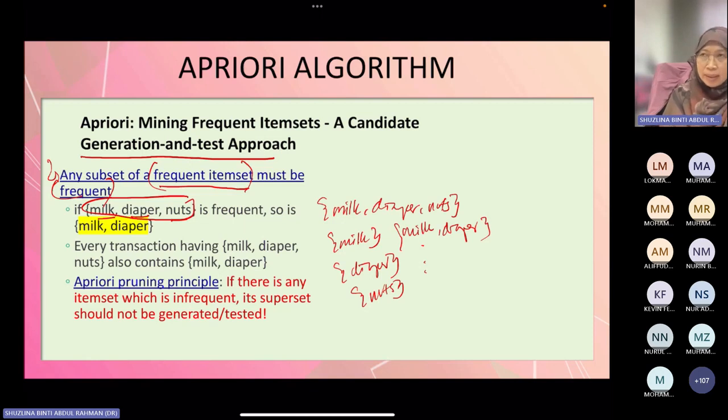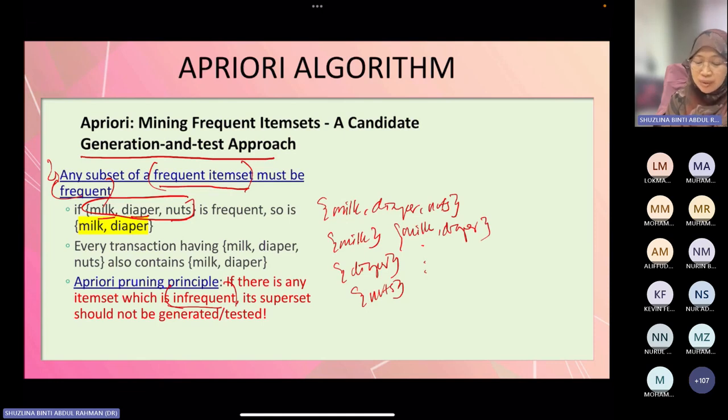But it introduced another property, what they call the Apriori pruning principle, that states that if there is any item set which is infrequent, its superset should not be generated.